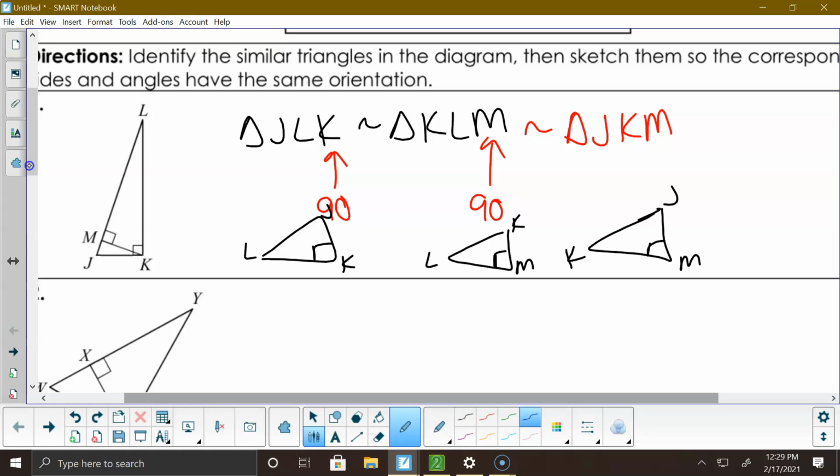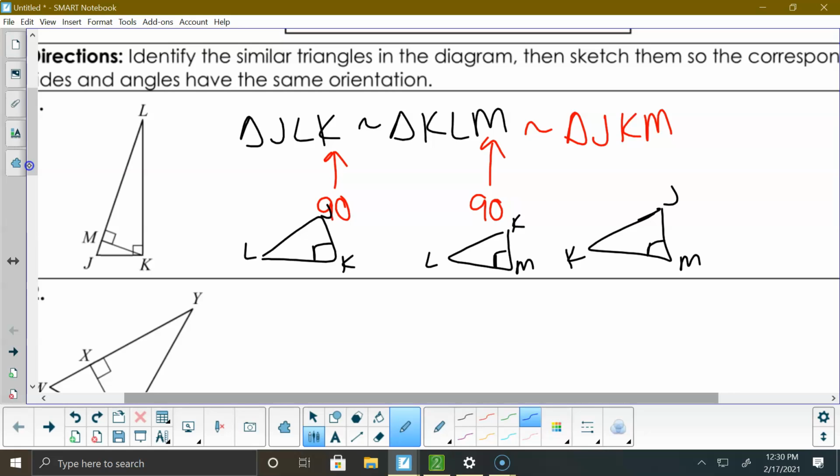Alright, so you guys have the sentence kind of written and the pictures drawn? So what I did was I made sure all of my 90 degrees went last. So that way I can make sure my letters are done in the correct order.